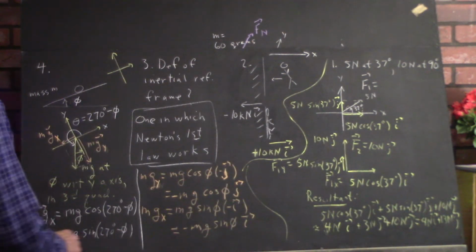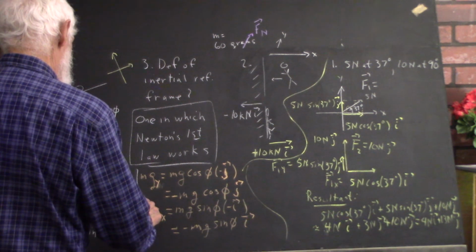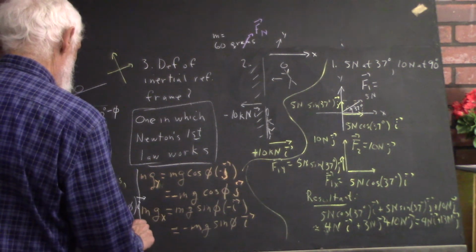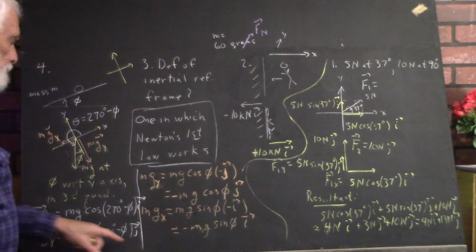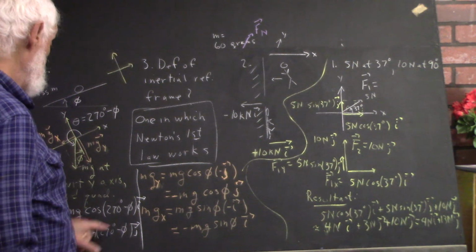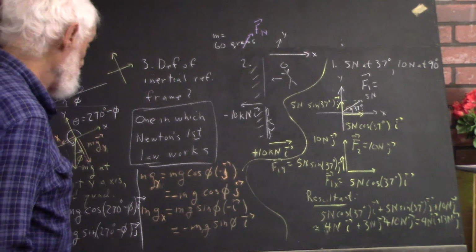The mgx vector would be this times the i vector, and the mgy vector would be this times the j vector. You don't see the negative signs here, but when you do the cosine and the sine of 270 minus phi, they'll both turn out negative.